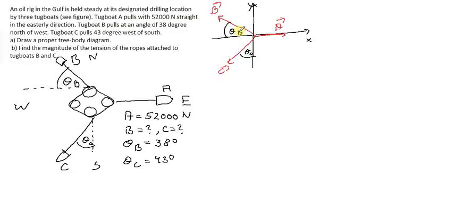We see that A is strictly along the x-axis, but B and C both have x and y components. So we need to find these components.